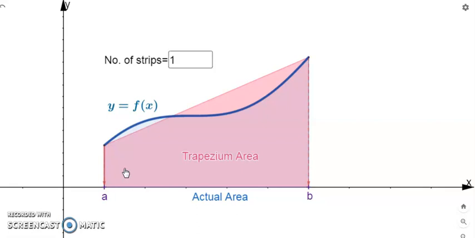But if we are able to divide the area under the curve into more and more smaller strips of trapezium, at some point you will find that the value is close enough to the actual area.